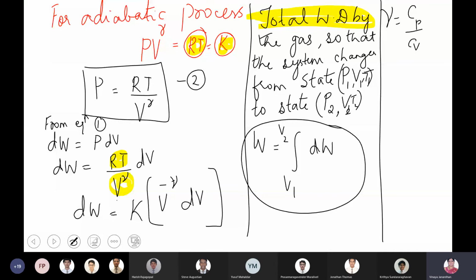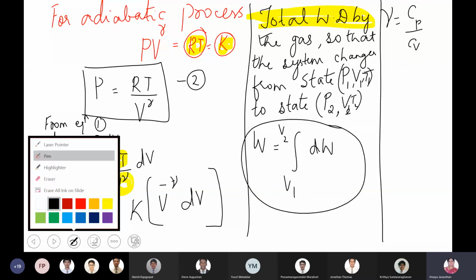During this displacement, we'll just consider the temperature to be a constant. That's it. Throughout the adiabatic process, the volume changes from V1 to V2. That is the entire process.